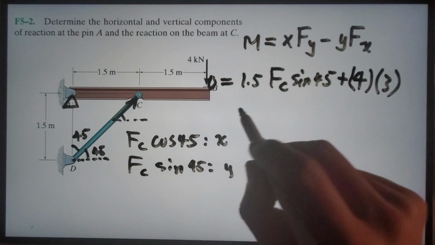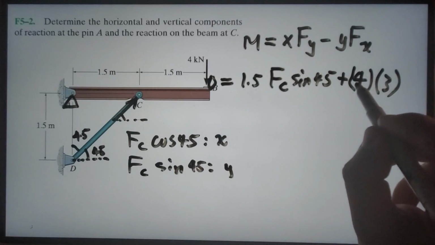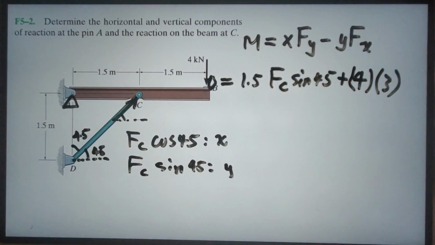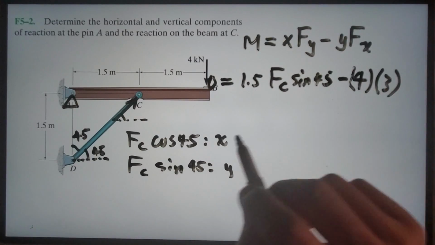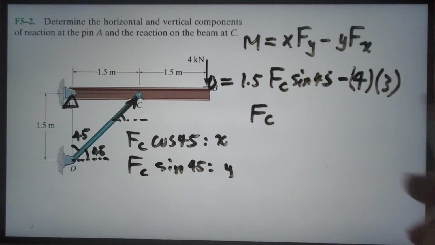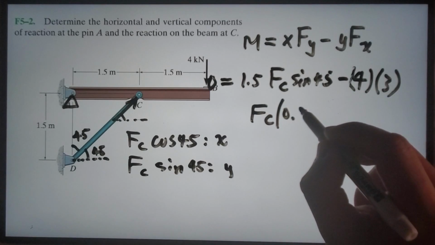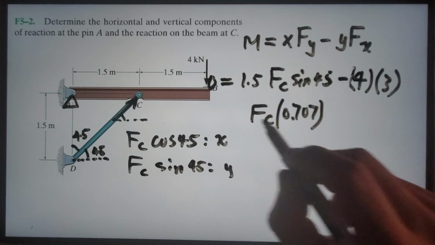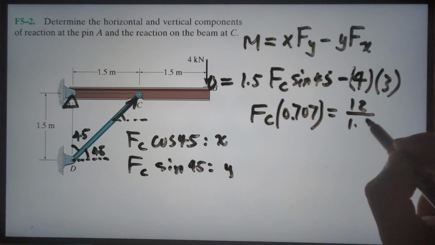Okay, so in this case, let's look at it this way. This one is going clockwise, so the sign should be minus. So over here, instead of positive, it should be minus that number. So FC times sine of 45, that is times 0.707, should be equal to 12 divided by 1.5.